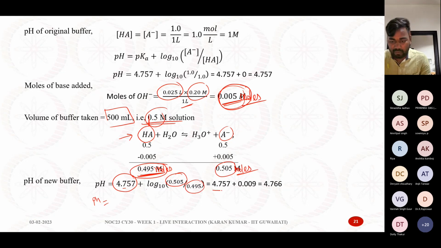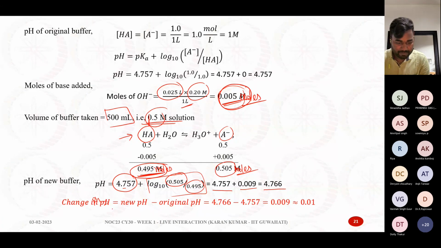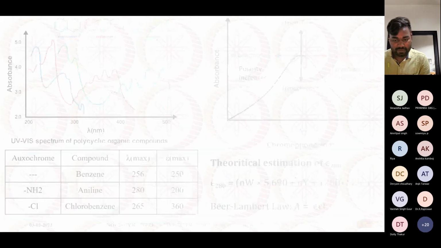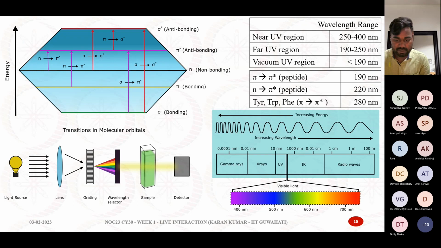Thereby you will have 4.757 plus the log of this value, which is 0.009, and that will lead you to 4.766. You have been asked to calculate the change in pH. So the change in pH will be new pH minus original pH, which will be 0.01. Okay, so the correct answer here was option D.